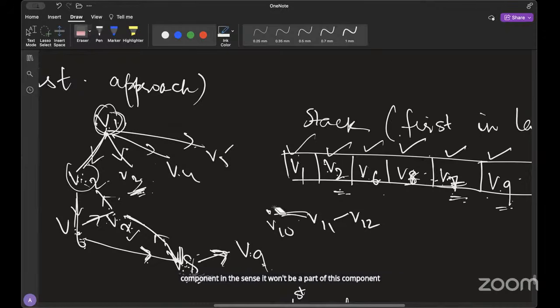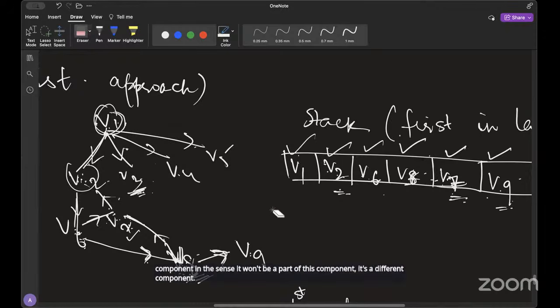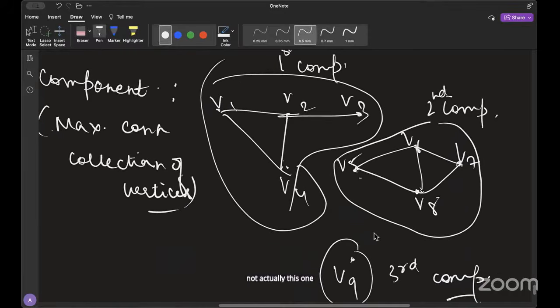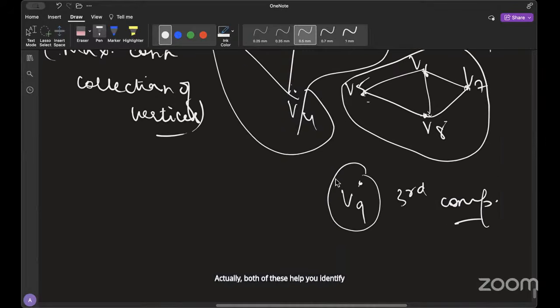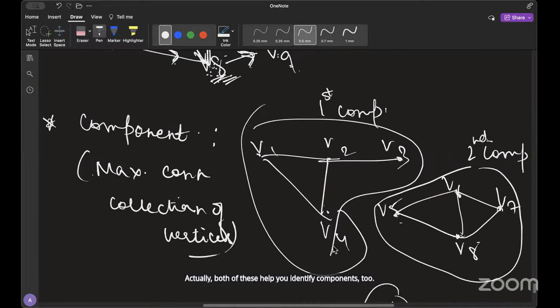It's a different component. Your BFS approach helps you identify this better. Actually both of these help you identify components too, but you're not asked to find the components as such.